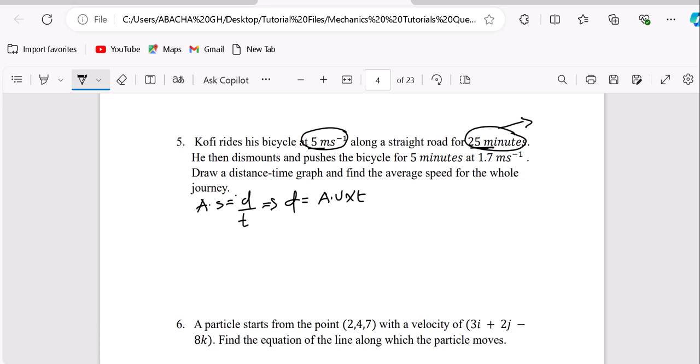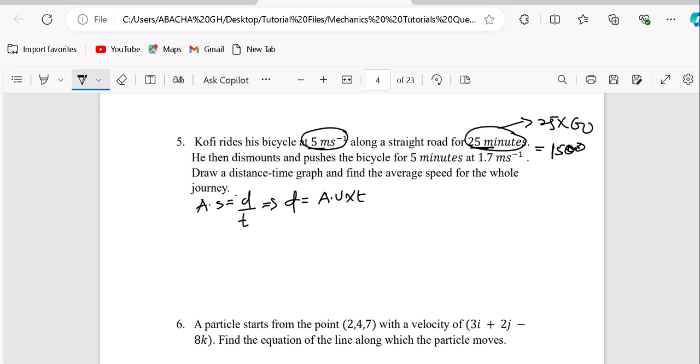this is equivalent to 25 times 60, and you get 1500. So 1500 seconds for that part.